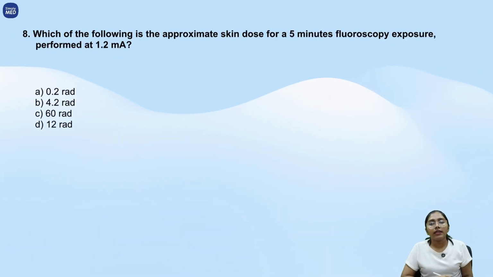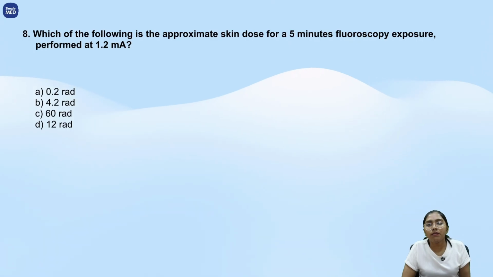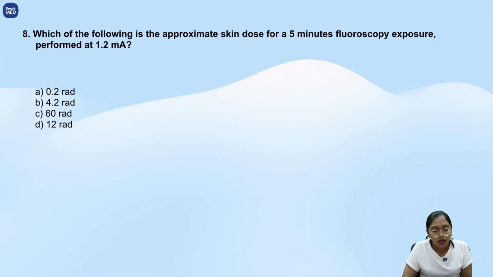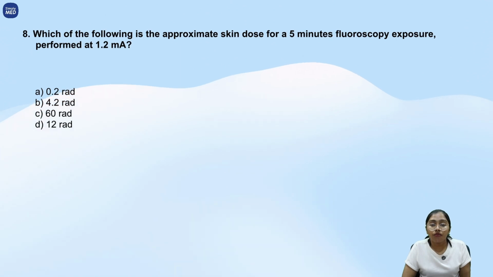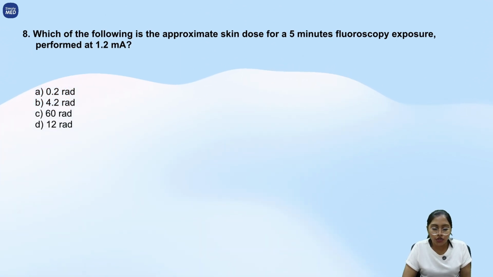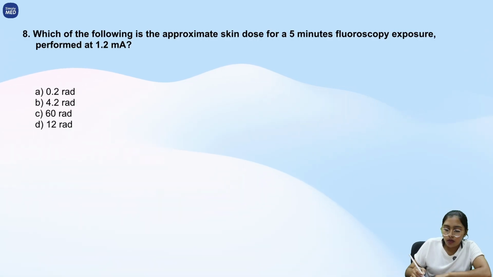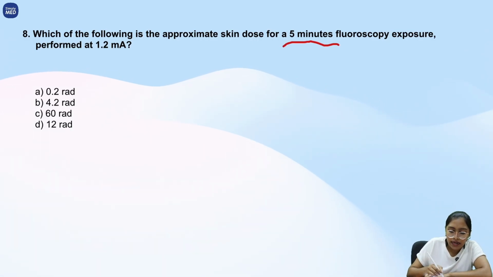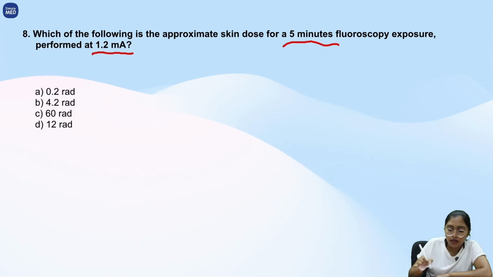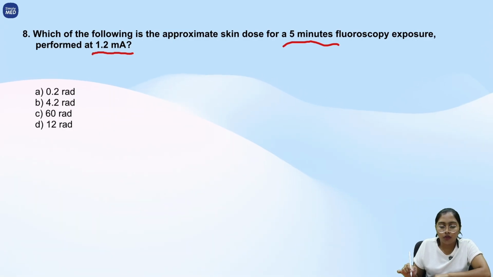So the next calculation based question is from fluoroscopy. Which of the following is the approximate skin dose for a 5 minute fluoroscopy exposure performed at 1.2 mA? We have been given the time and the current used for a fluoroscopy procedure.